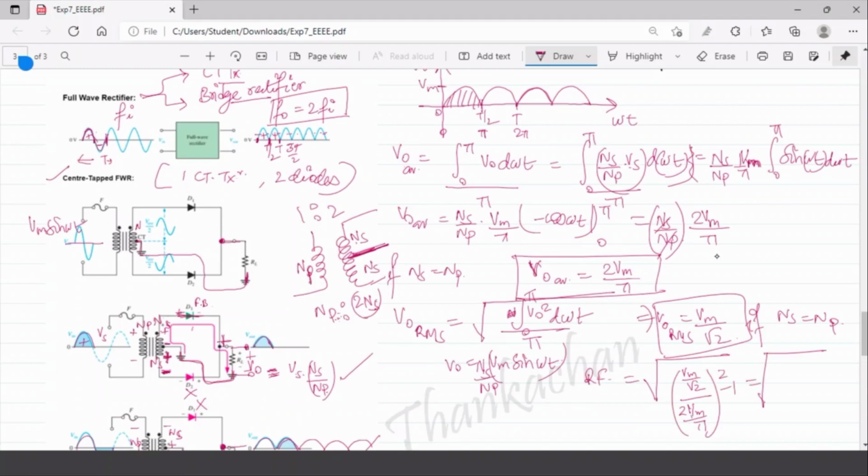Vm by root 2 divided by 2 Vm by pi becomes pi divided by 2 root 2. So pi square divided by 2 square times 2, which is 8. So pi square by 8 minus 1, and this comes out to be 0.4834. The ripple factor for a full wave rectifier with the center tap transformer is 0.4834.